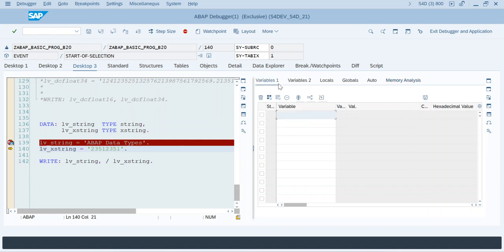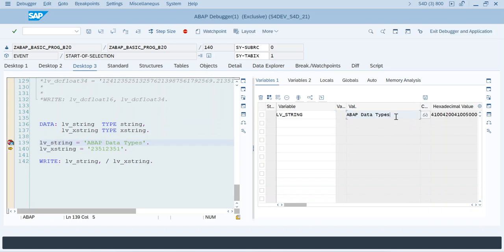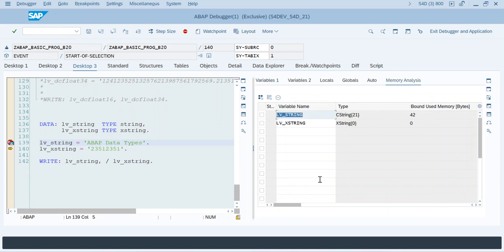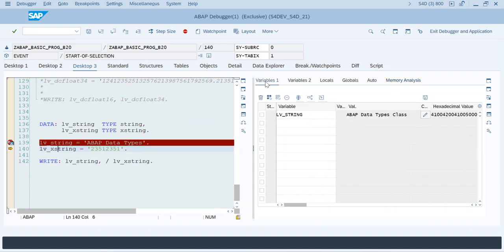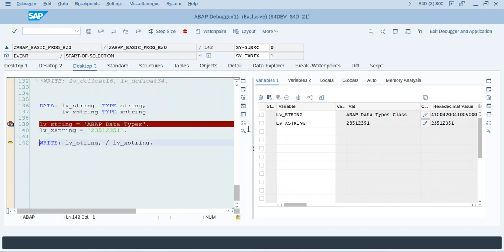If I go and change the data again, it again extends the memory. See, 21, right? So that's why we call it variable length. The memory will be allocated at program runtime based on the data that we store, not at the design time.